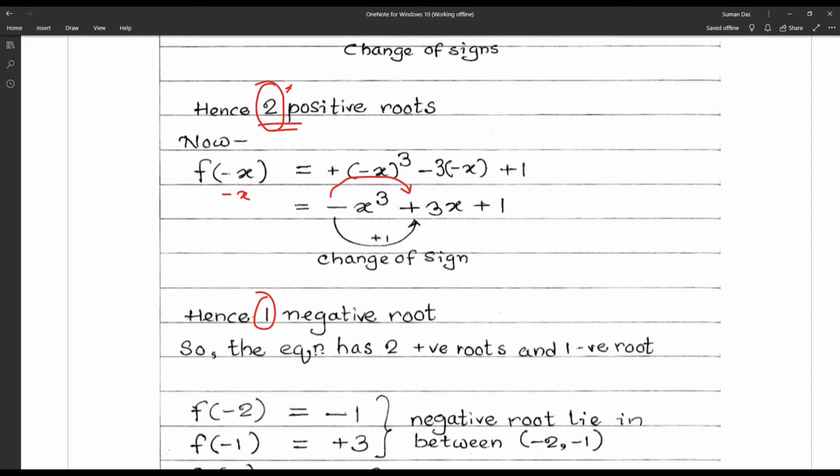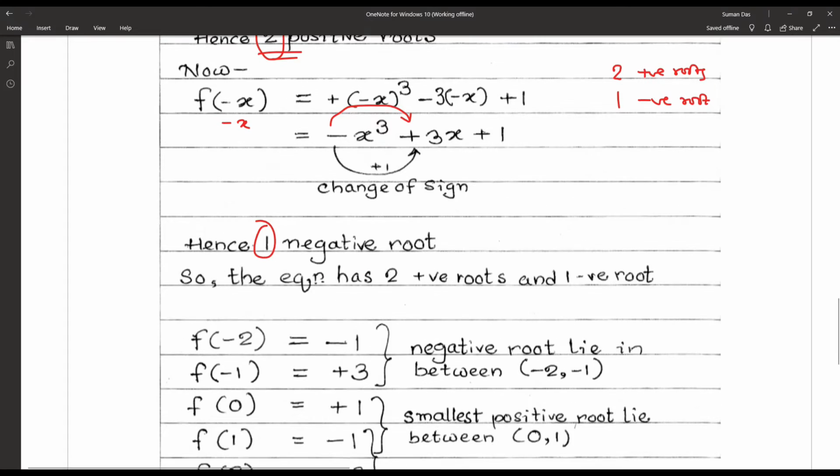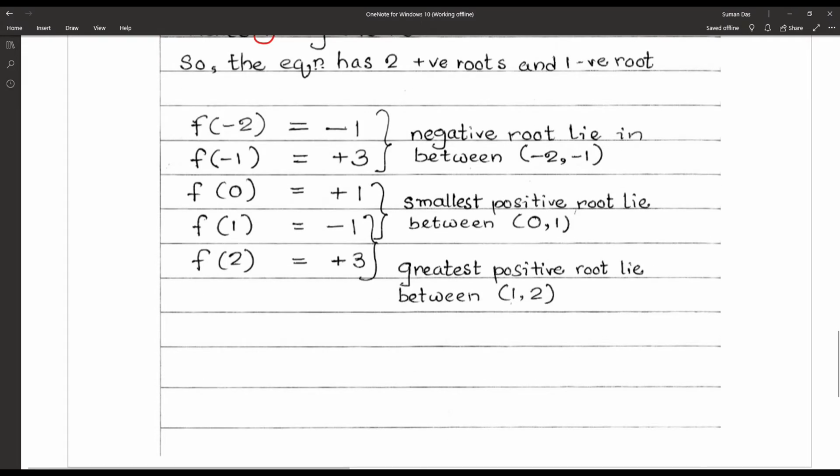So in the equation we can find there are two positive roots and one negative root according to Descartes' rule of signs. Now we will find what the ranges of the roots are. So we start from 0. That means in place of x we are putting the value 0.